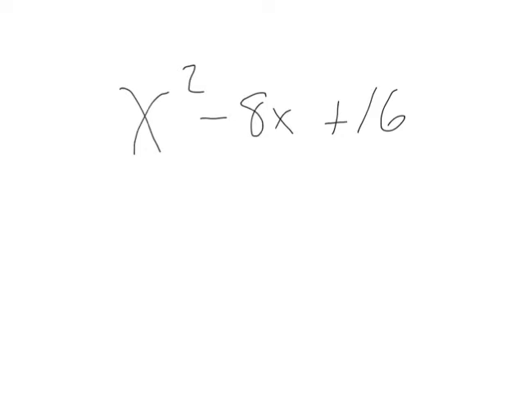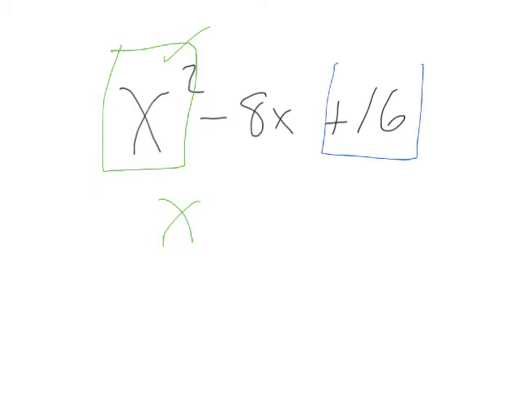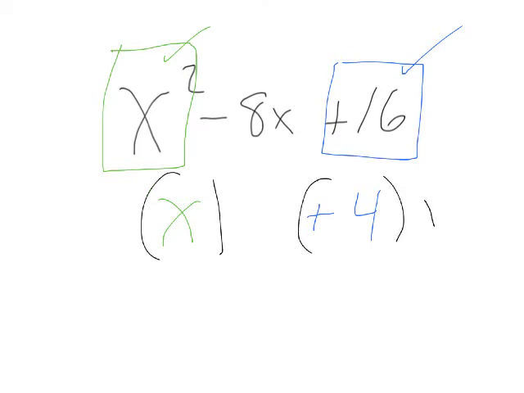Now let's analyze this one. I have the first term of x squared. Is that a perfect square? Yes. The square root of that is x. I'm looking at the last term, positive 16. Is that a perfect square? Yes. 4 times 4 is positive 16. So now I know that that would have been a 4. But here's where I need to ask myself, is x times 4 times 2 8x?